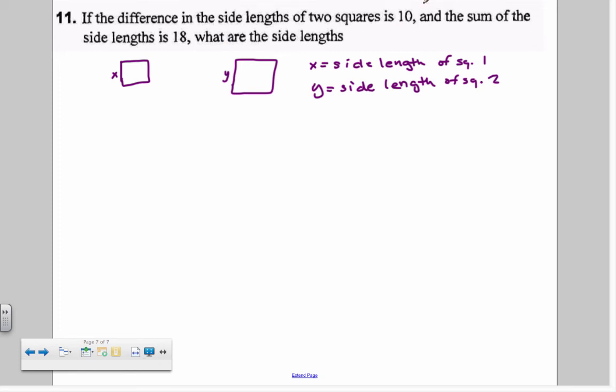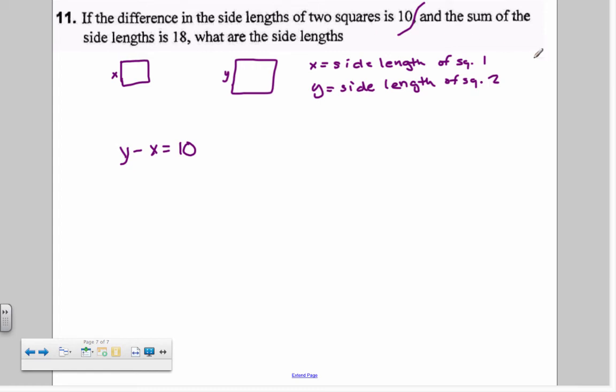So I can figure that right about here, I've got two different equations. The first one would be the difference in the side lengths of the two squares is 10. Difference I know means subtraction. So in this case, if I look at my squares that I've drawn, y minus x, that difference should be 10. Okay?